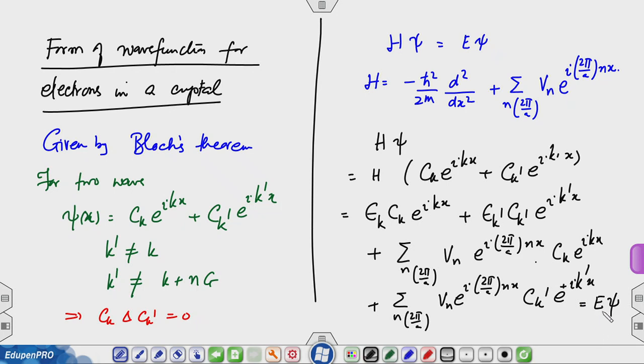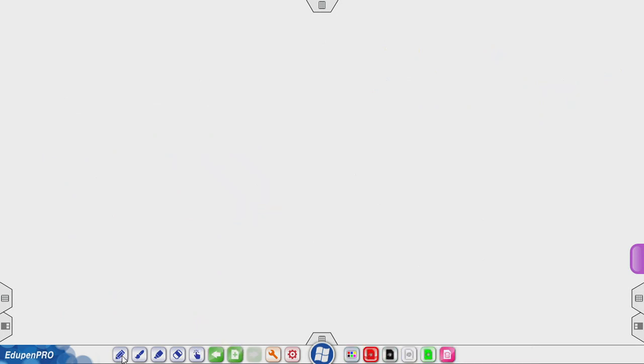So I have written the Schrodinger equation here, and then you bring the right hand side to the left hand side.